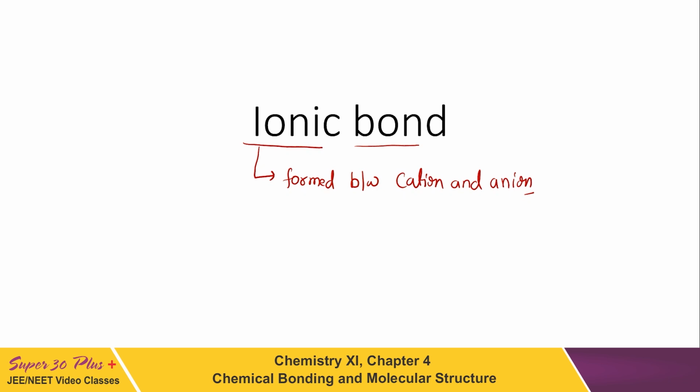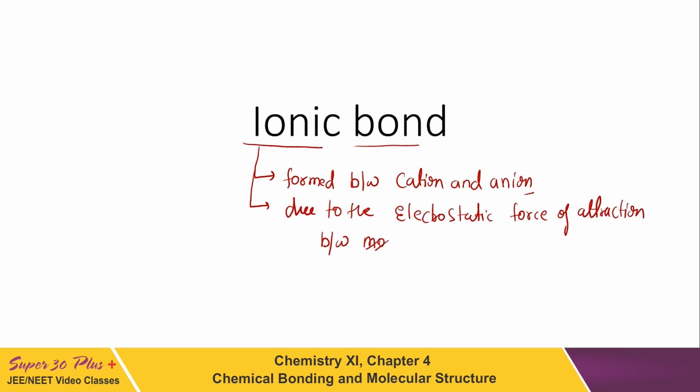So ionic bond is due to the electrostatic force of attraction between ions, cation and anion. Whenever there is such a force of attraction between ions, it is called ionic bond. For your knowledge, the ionic bond is also called electrovalent bond.